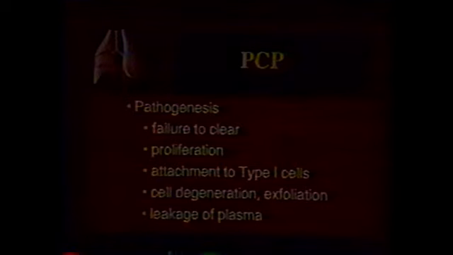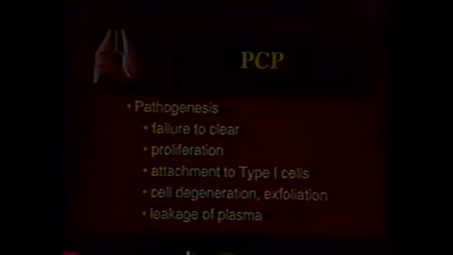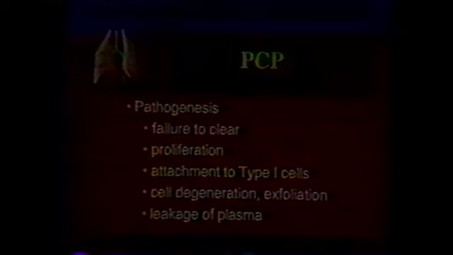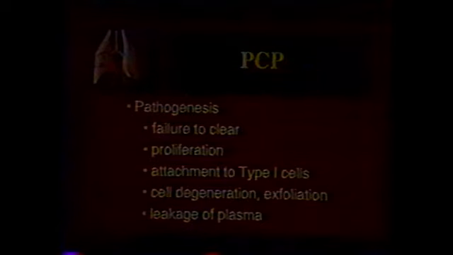is the type 1 pneumocyte, and the type 1 pneumocytes are locked together very tightly, and that's really the barrier, so that there is some circulation of plasma in the interstitial space, but it's rapidly sucked up by the lymphatic system because it's very important for the lung to be dry. All right.